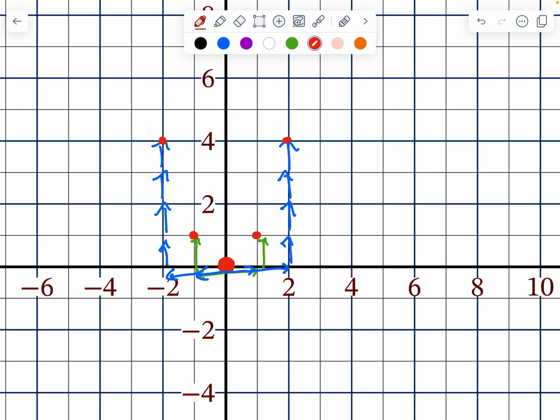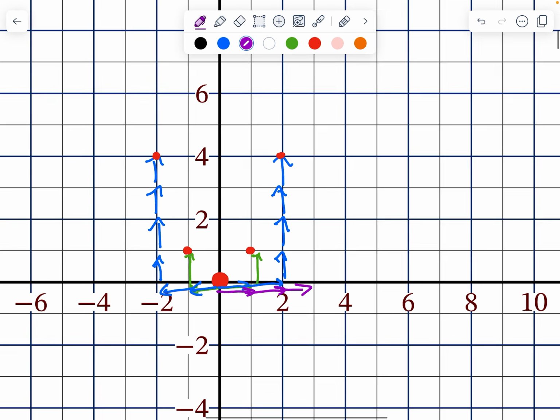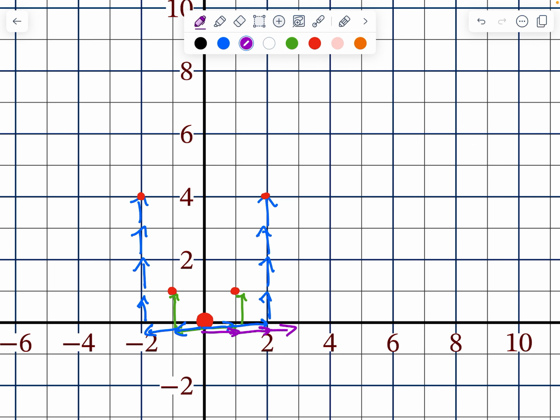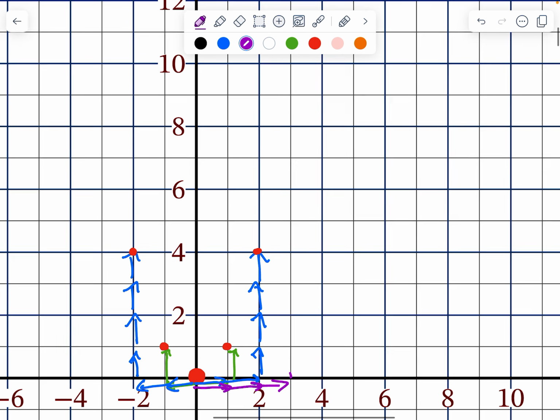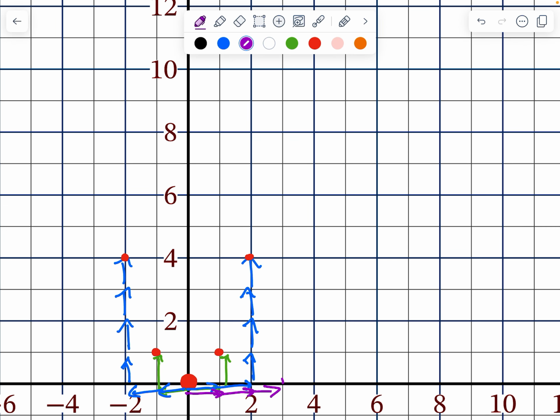And then you could do one more if you wanted to: over 3. 3 squared is 9, so that would be all the way up to 9. And then it's the same on the other side.